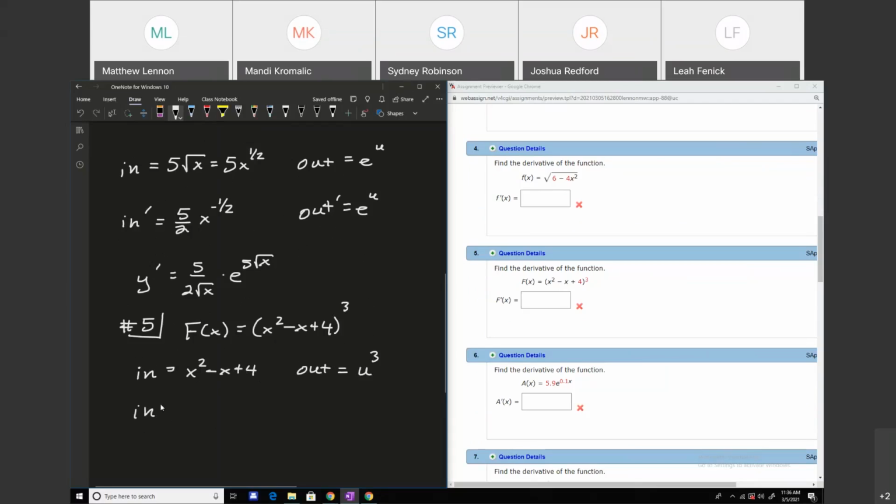So the derivative of my inside function is going to be 2x minus 1. And the derivative of the outside function is just going to be 3u squared.